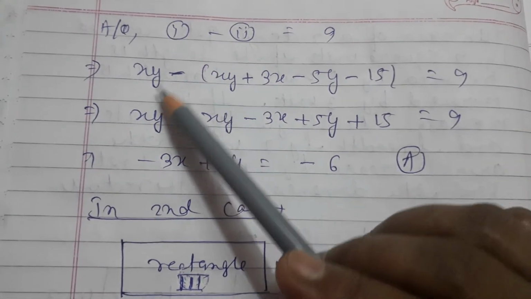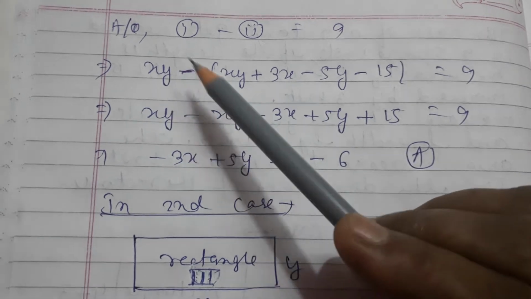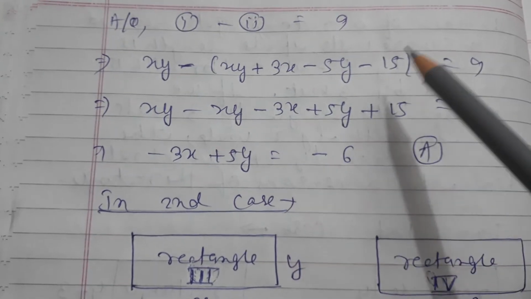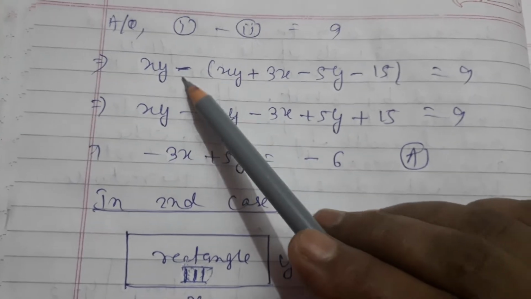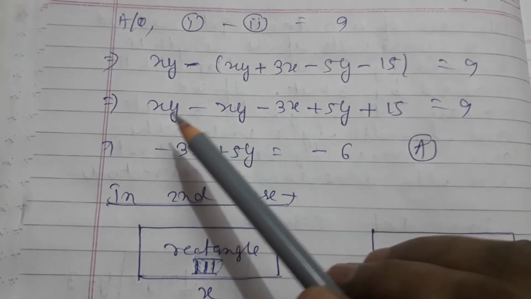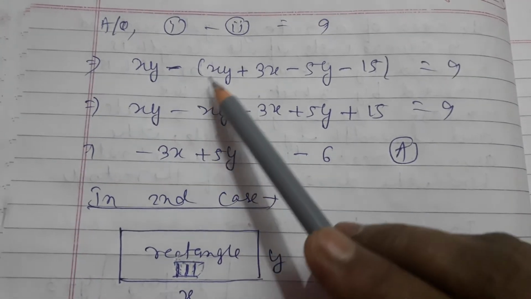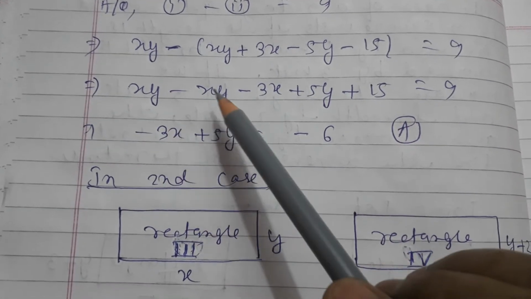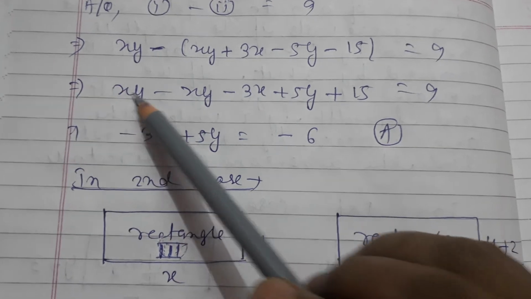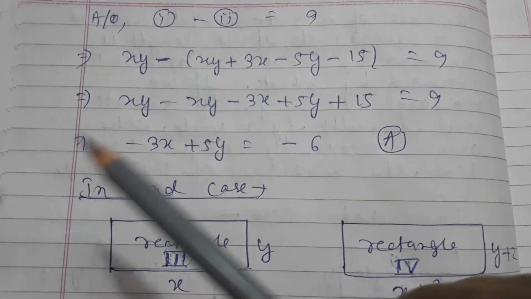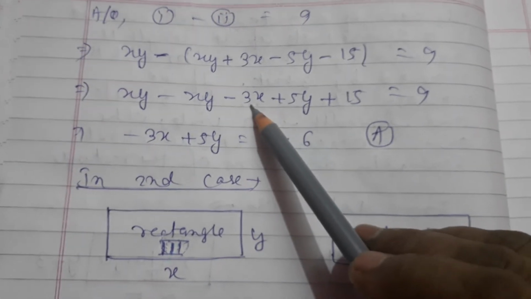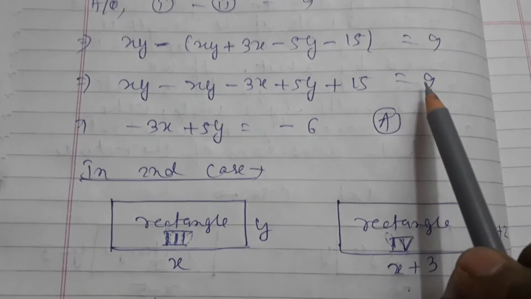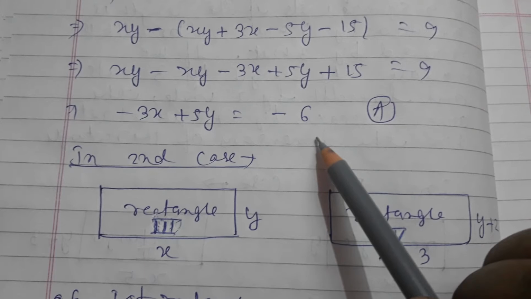The value of equation 1, area is xy, and the area of the second rectangle you write in bracket because here is a minus sign. Now you break the bracket, so all signs will be changed, and now xy cancel. This is plus, this is minus, so plus minus cancel. Now what remains? Minus 3x plus 5y equal to 9 minus 15, minus 6.